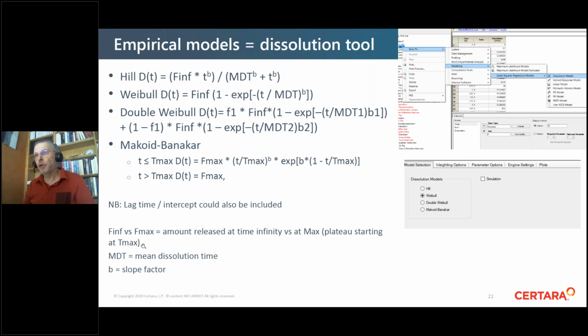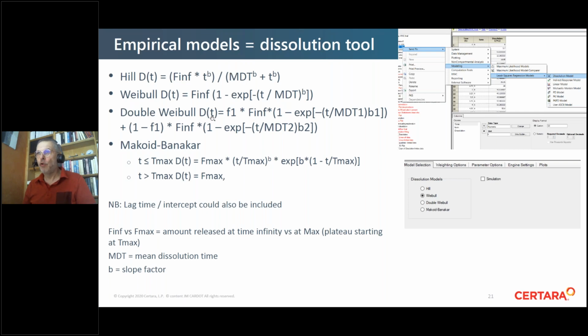Something which is quite important to understand also is that you have a number of parameters to be estimated. For example, for the Hill and Weibull equations, you have the F infinity, the B, which is the slope model, and the MDT, which is the time factor.